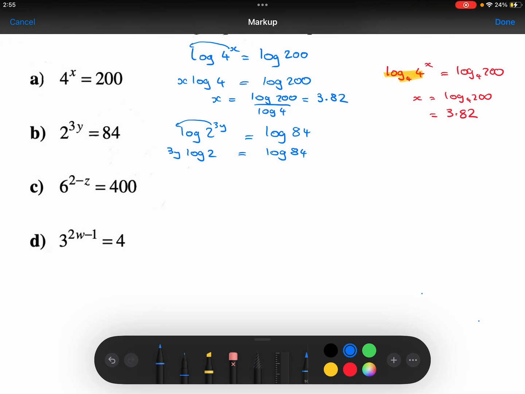And now I'm going to divide both sides by 3 times log 2, to leave me with just the y on the left-hand side. And if I put that into my calculator to 3 significant figures, I get 2.13.